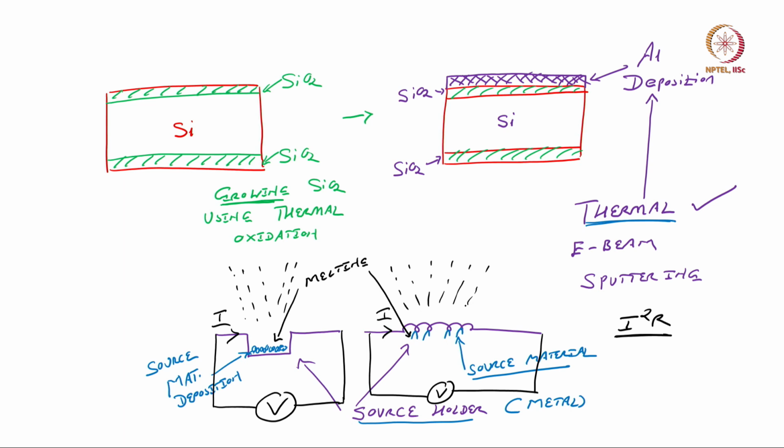Okay. Now, once it evaporates, where should it go, is it not? So, it will coat the entire chamber. Now, where does this term chamber come from, right. So, let us see this one as well.